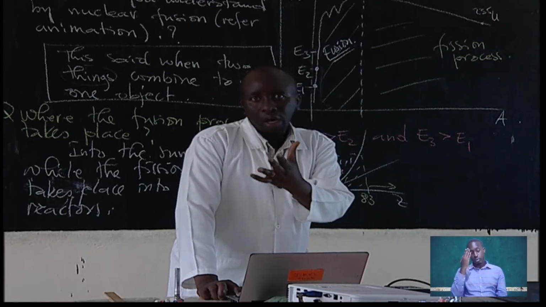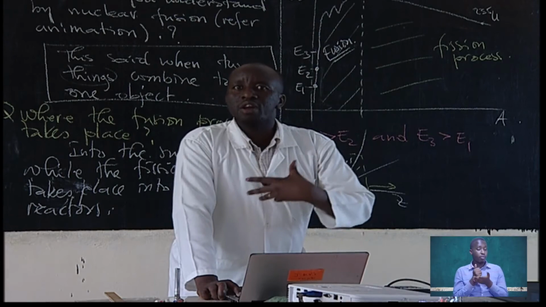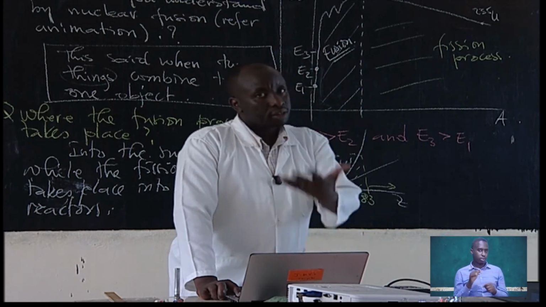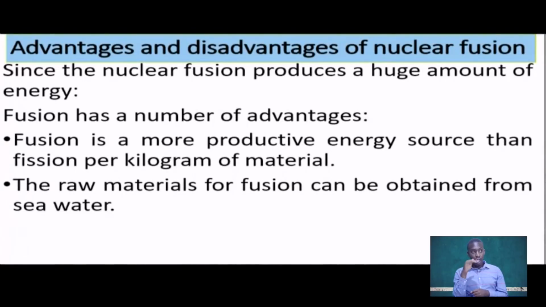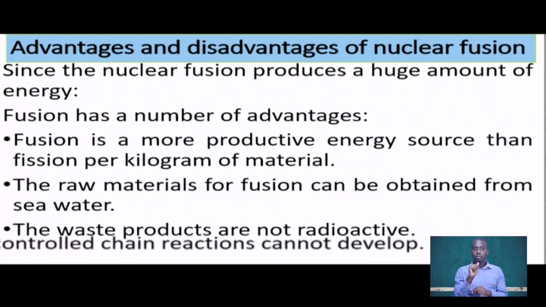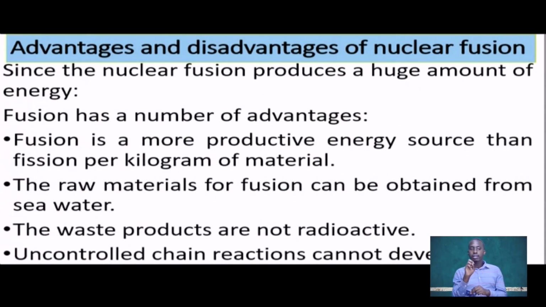Do you understand? And to manufacture a material that can stand this temperature is not easy, right? That's why. And then we have the raw materials for fusion can be obtained from seawater. And the waste products are not radioactive. That is good. And then the last one is that an uncontrolled chain reaction cannot develop.